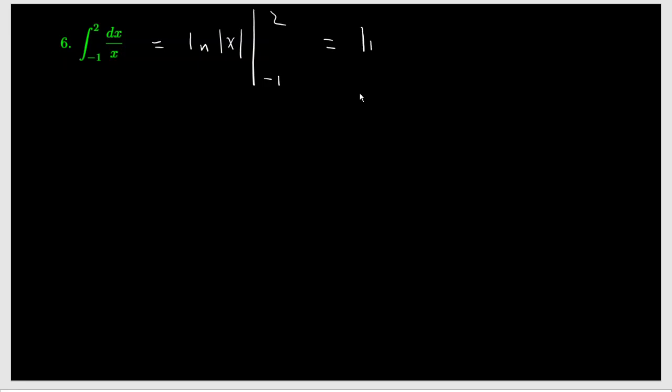Plug 2 in, you have natural log of 2. Plug -1 in, you have natural log of absolute value of -1, which is natural log of 1. Natural log of 1 is equal to 0.